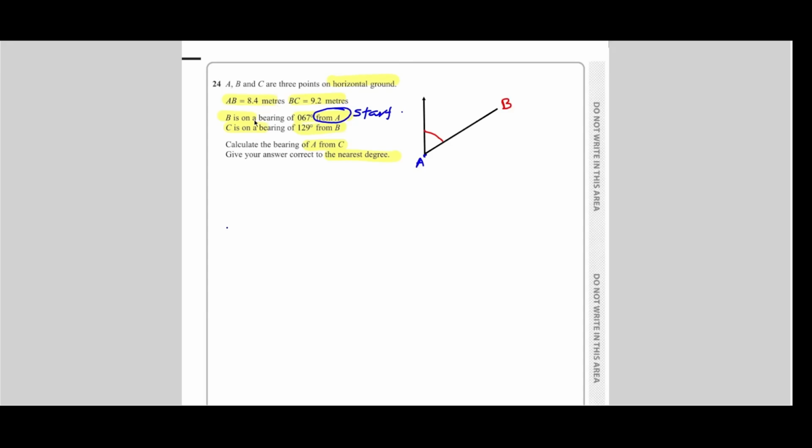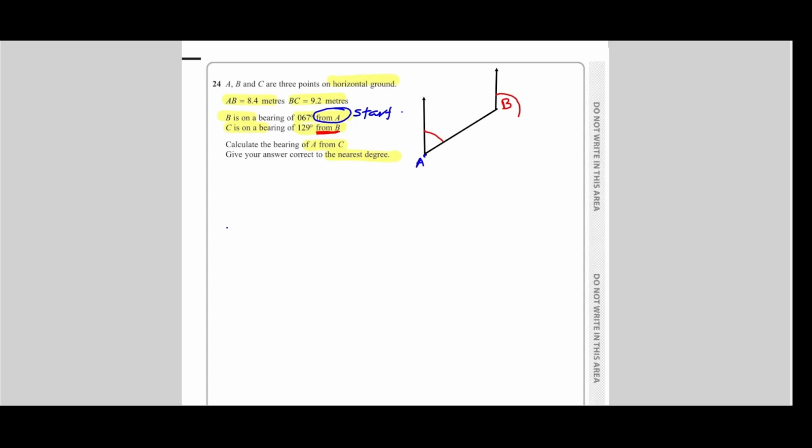Right, after the next one. C is on a bearing of 129 degrees from B. Again, this is your start. From B, go to B and draw the north line. And rotate clockwise until you meet C. So 129 is somewhere around here.